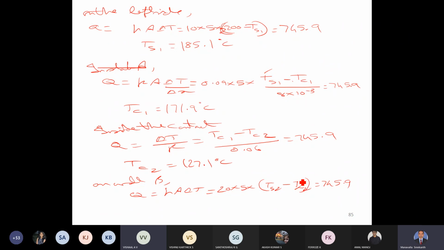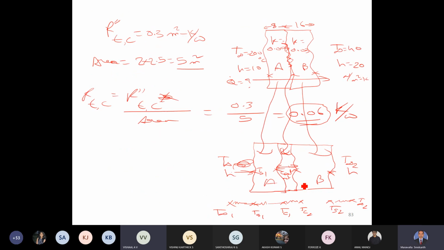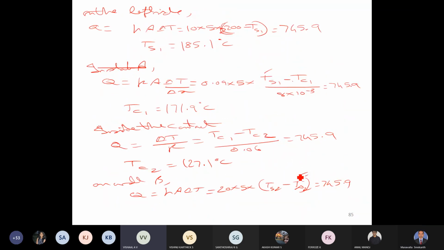Now I know T infinity 2, which is 40, so I can find TS2. TS2 is 47.5 degrees Celsius. So now we know all the temperatures.